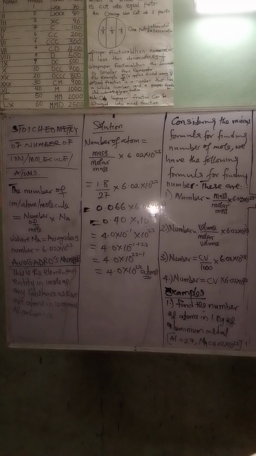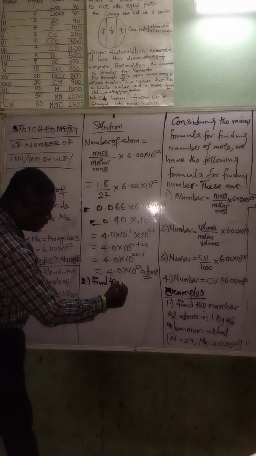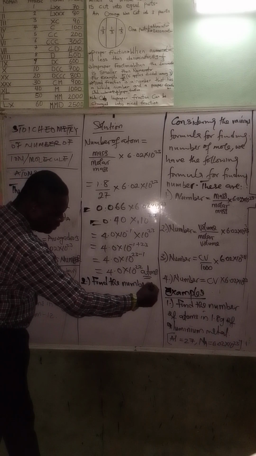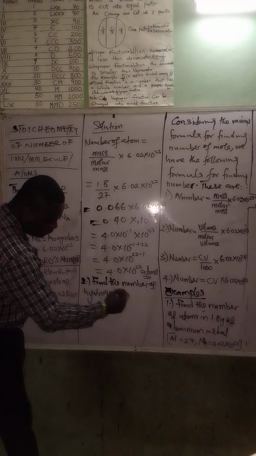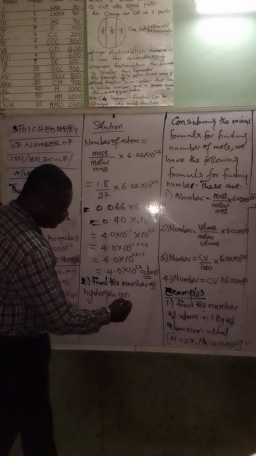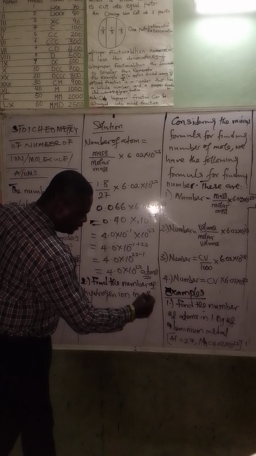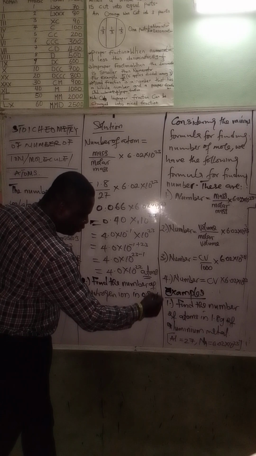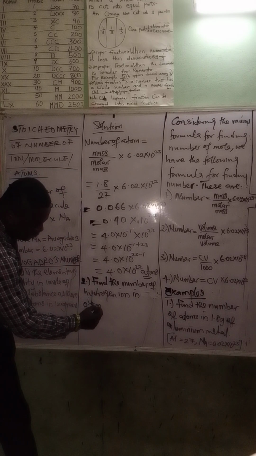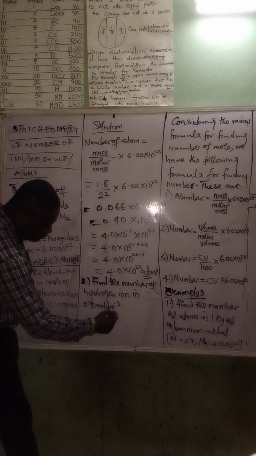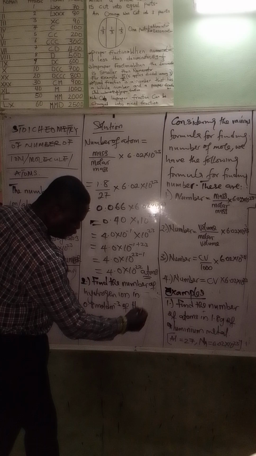Let's look at example 2. Find the number of hydrogen ions in 0.8 mole per dm cube of H2SO4.